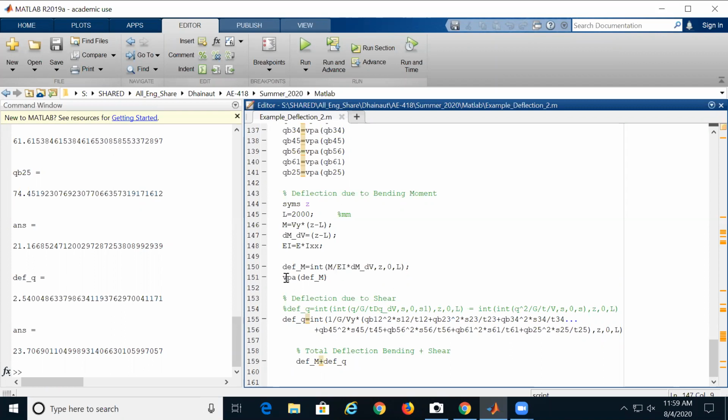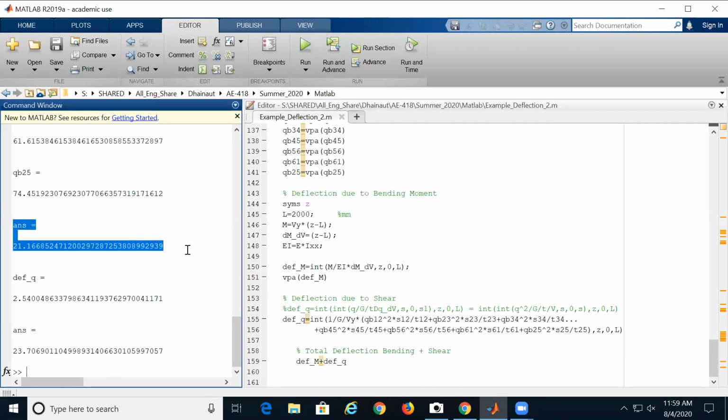So this is exactly the same expression. All right? So when I go down, this is the deformation M. So we do that, we get 21.17 millimeters.